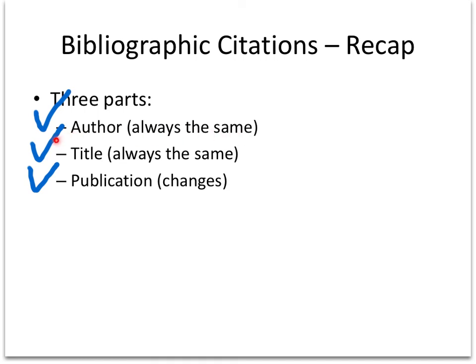But the author information will always be formatted in exactly the same way, no matter what type of source you're using. The title information will always be formatted the same, no matter what type of source you're using. The only thing that changes is the publication information, and every single type of source you use has a different and unique way of indicating ownership of that particular source.